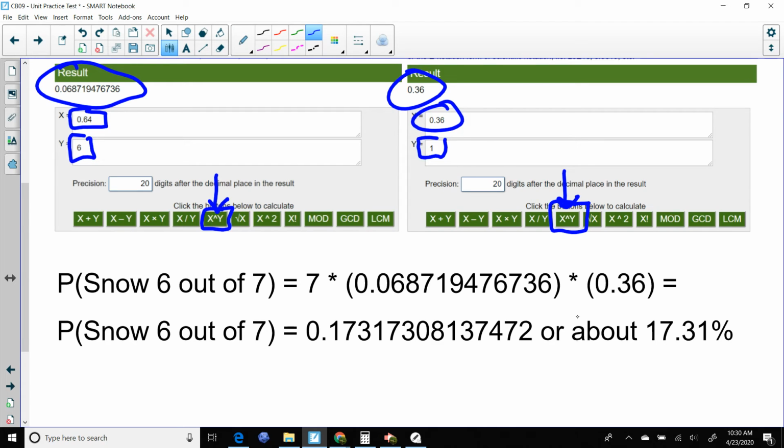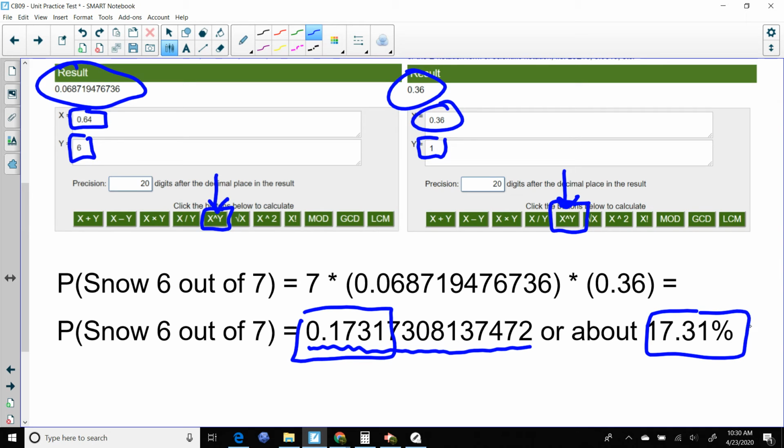I just multiply all those 3 together, and it gives us the probability of 6 snowy days, roughly 17.31%. On your test, you'll be selecting the one closest to 17, and this should be a 2 here. Go team. But 17.32 or 0.1732 would be the answer on your test.